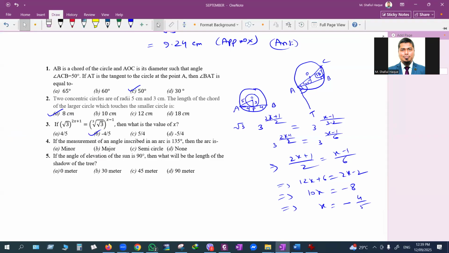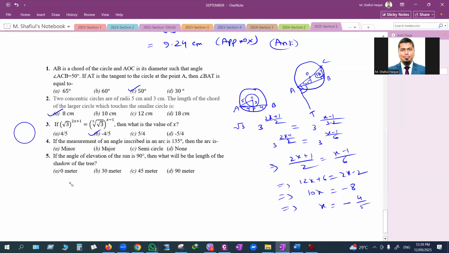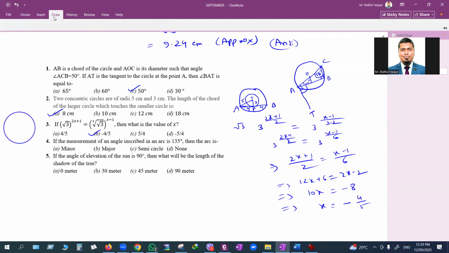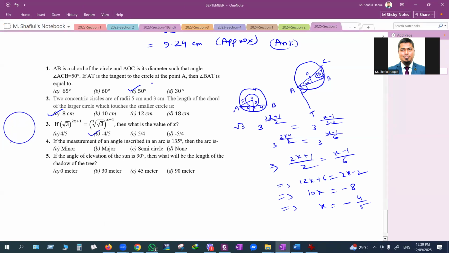So, this is the circle. Look at this circle, and suppose this is A, this is the minor arc, this is the major arc.